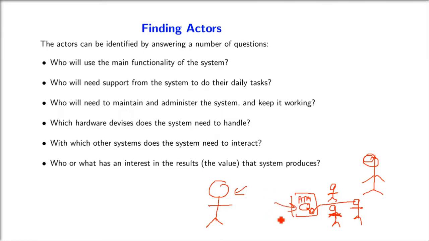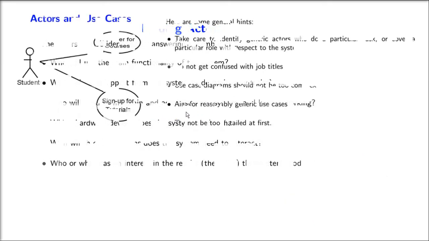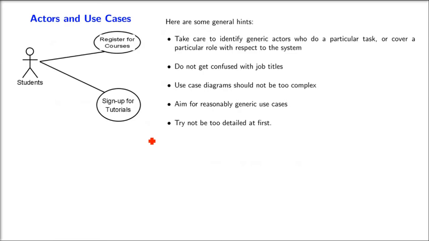You will put them as stick figures. So all these questions you need to keep in your mind, and only then are you going to make the actors. Now the actors are being made. How do we start the work? We have identified the actors. So let me tell you how we are going to make it.